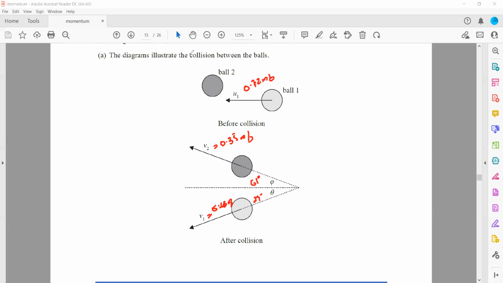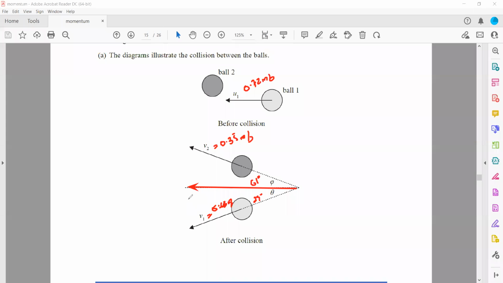Now we want to show that the total momentum before is equal to the total momentum after in the direction of ball 1, meaning the x direction. So this will have two components, because we need only the horizontal component. There will be a horizontal component for v2 and v1, and the component with an angle is written with cosine theta.